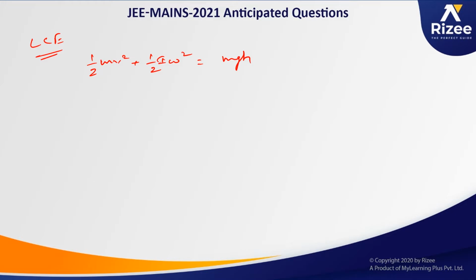Since it's a solid sphere, the moment of inertia can be written as I is equal to 2 by 5 mr square, and for pure rolling omega is replaced by v by r. So substitute, and cancel the mass on both sides, and the moment of inertia also. You will be left with 1/2 into v square plus 1 by 5 into v square is equal to 9.8 into h.